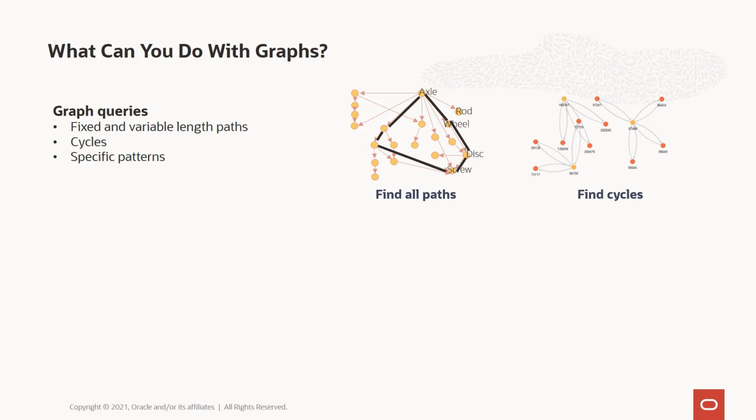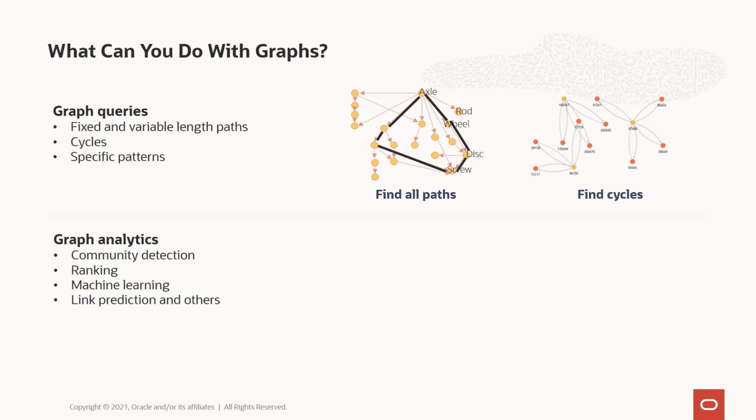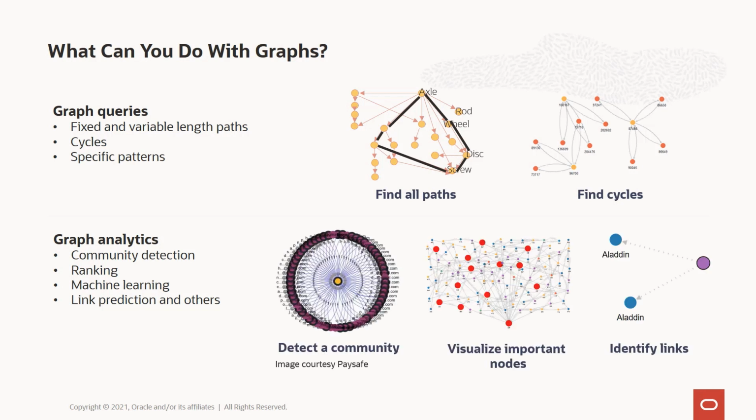Or you can look for specific patterns that you can represent in your graph query language. And in the algorithms, you have a variety of algorithms that you can apply to your graph to detect communities, to find important nodes, for example, using the PageRank algorithm. You can do graph machine learning on your graph. You can analyze the structures in your graph and so on.